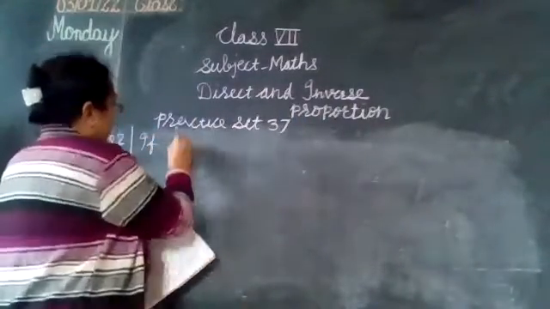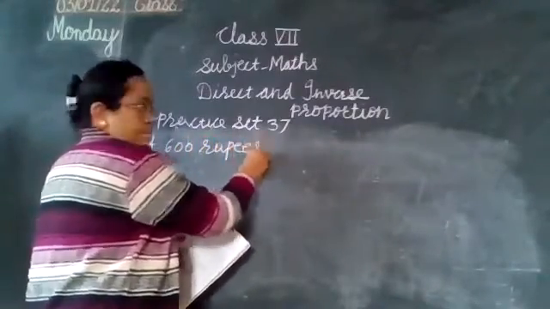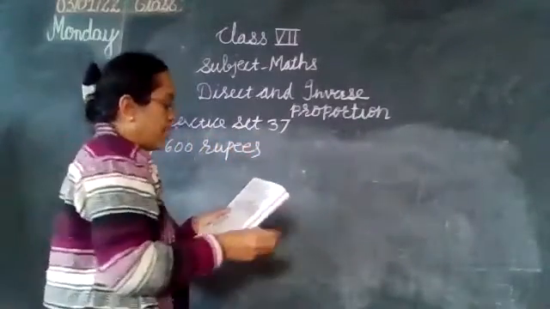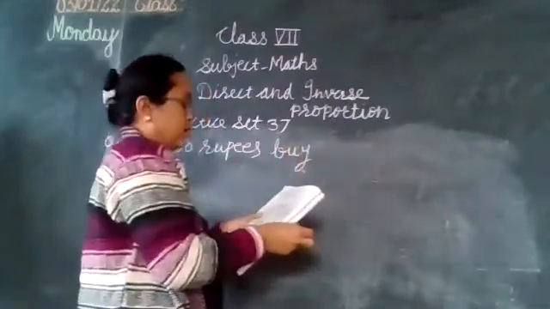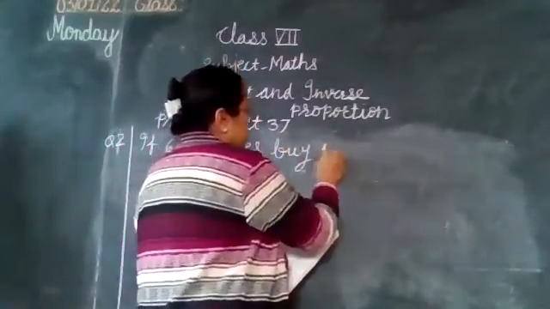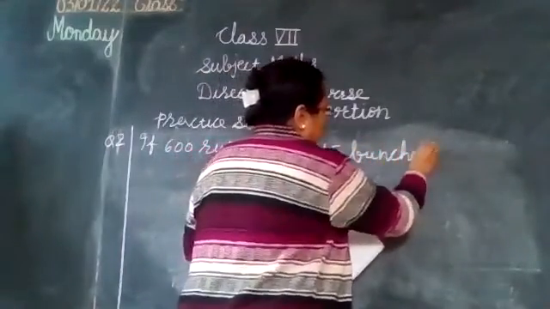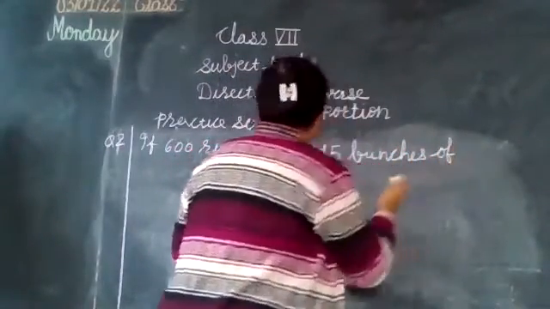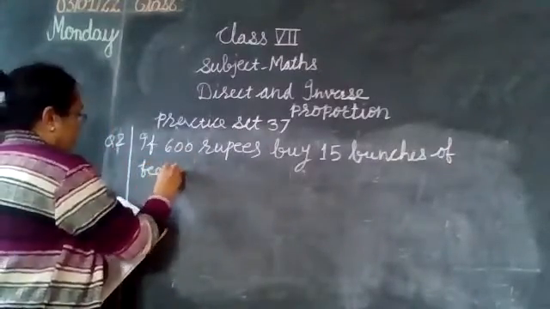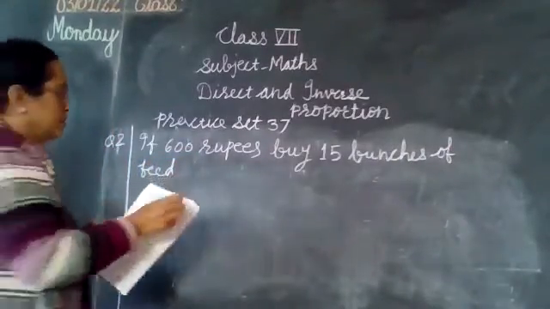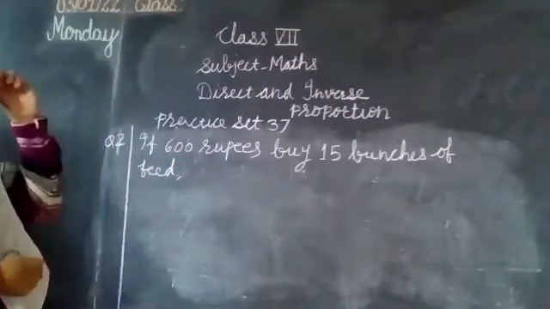If 600 rupees buy 15 bunches of feed, for animals we are taking this feed.